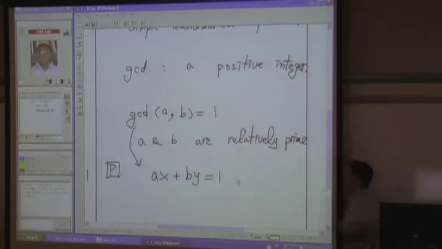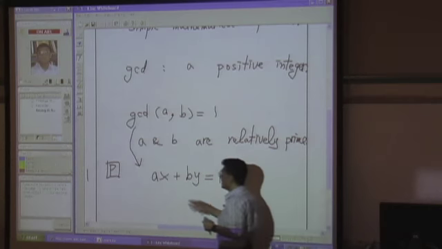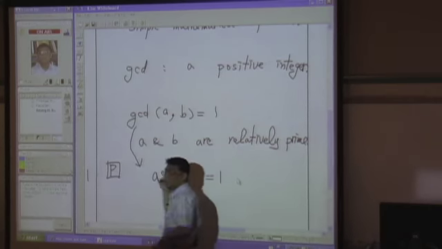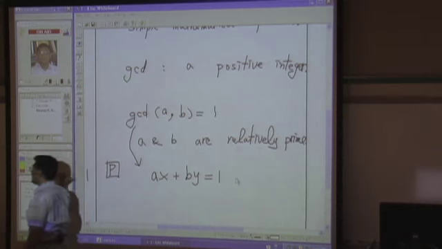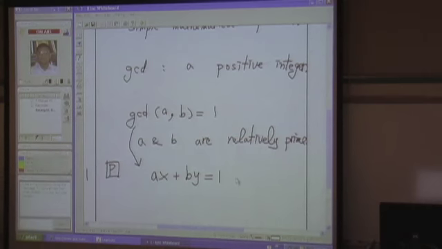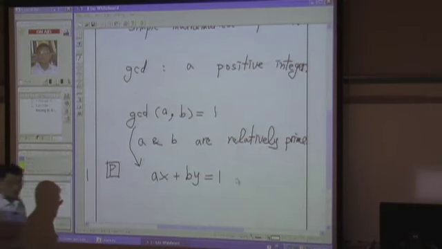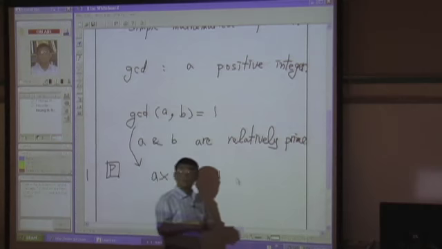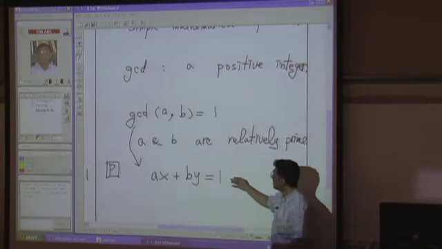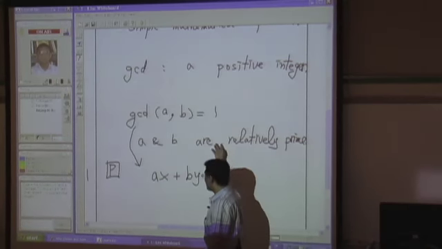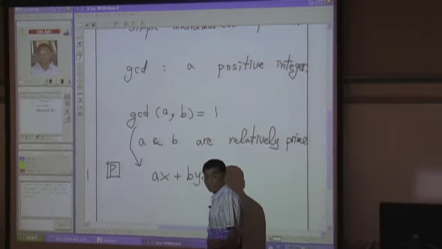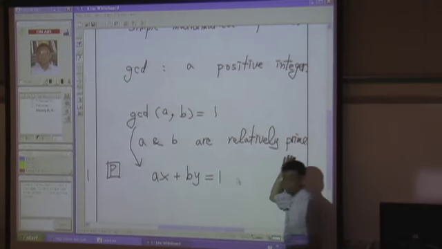If two numbers are relatively prime, we can find X, Y satisfying this. And this is the simplest example of a Diophantine equation that we will cover in chapter 3. So take a look. If GCD is 1, then GCD means this equals 1. When? If two numbers are relatively prime.